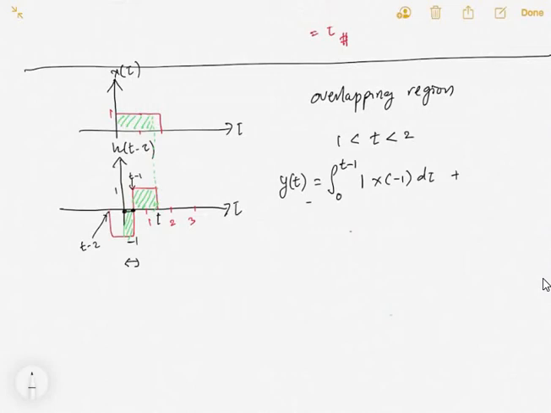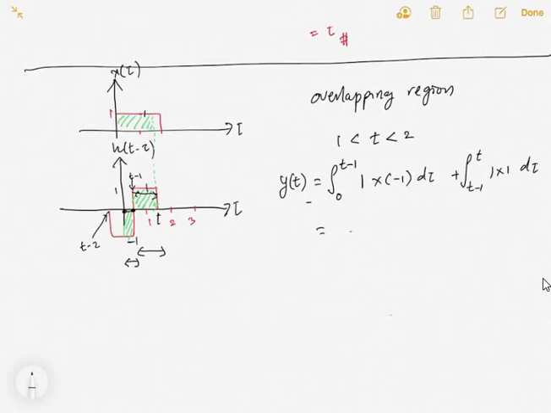And then plus this part. This part is from t minus 1 up to t only. So the value is 1 and 1, so 1 times 1 d tau.